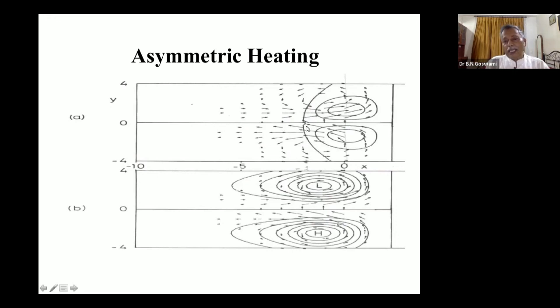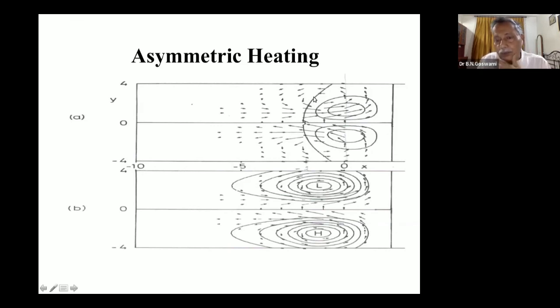On the other side, it produces a Rossby wave response which can propagate westward and produce these winds. So interestingly, because of the antisymmetric nature, the positive heating to the north and negative heating to the south produces a cross equatorial flow.